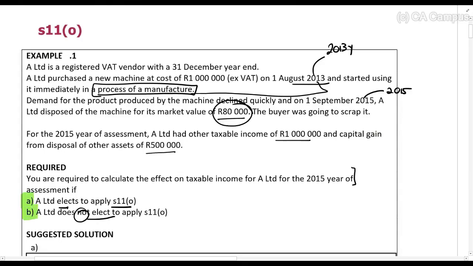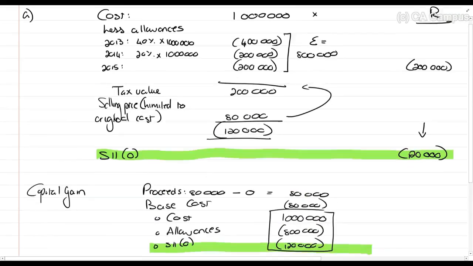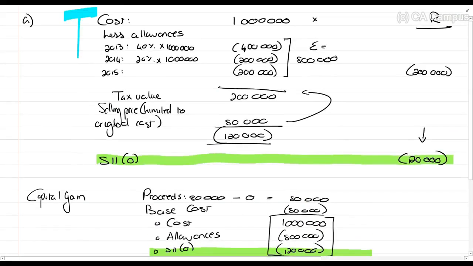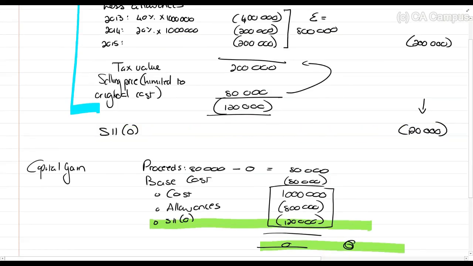In situation B, what happens if they do not apply Section 11O? So I want you to see that the first part of our calculation is exactly the same. Now we selected Section 11O to apply previously. Now we'll say Section 11O does not apply. Why? Taxpayer did not choose it. So we don't get that deduction.